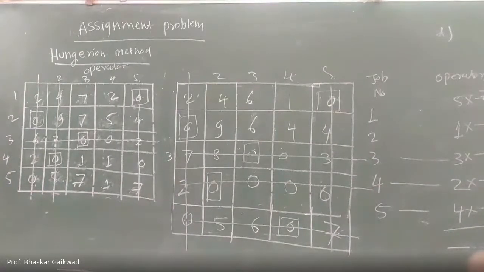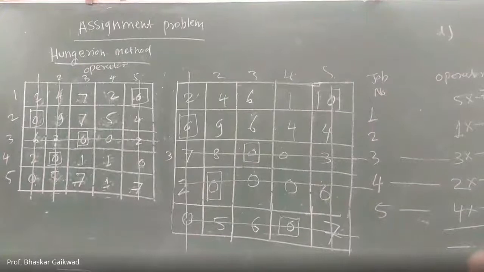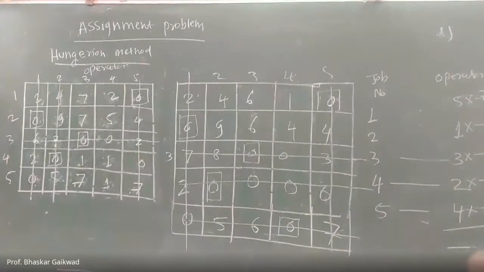You can see here, if anybody has any doubt, you can ask. It is so easy. Step by step you have to go. First you have to go for row reduction and column reduction. After that you have to go for row scanning and column scanning.